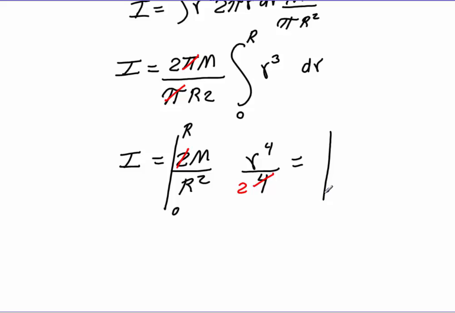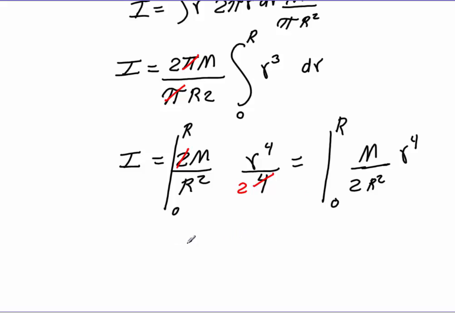So now we'll have R, 0, of big M over 2 big R squared of r to the 4th.